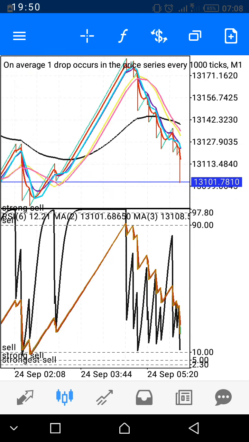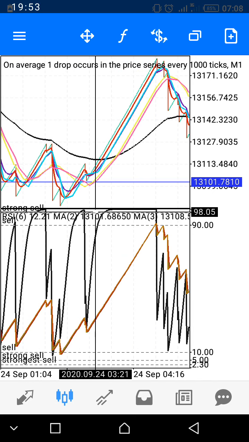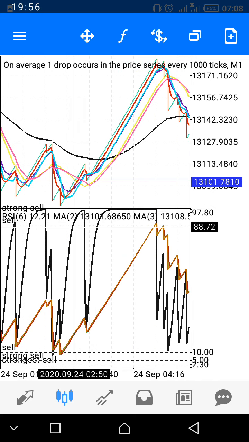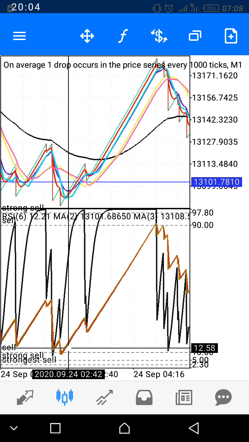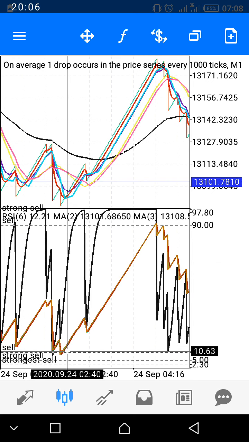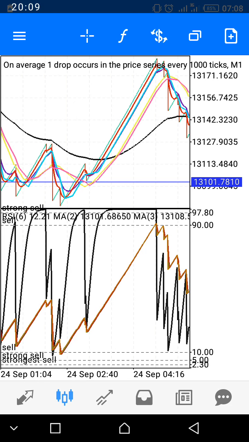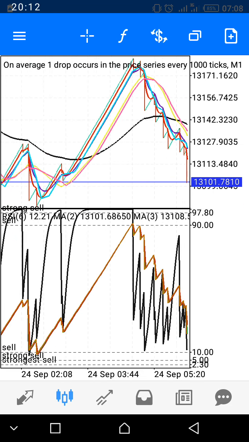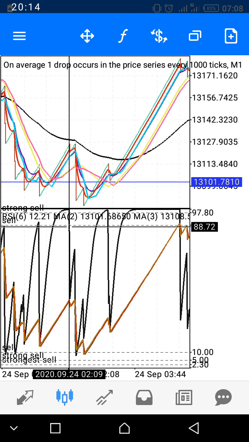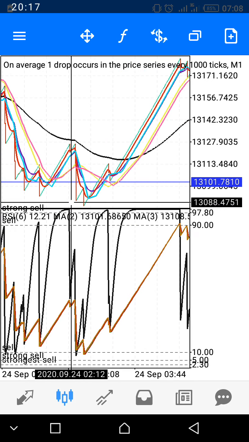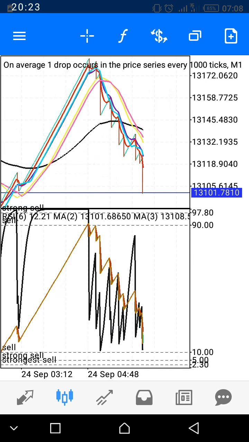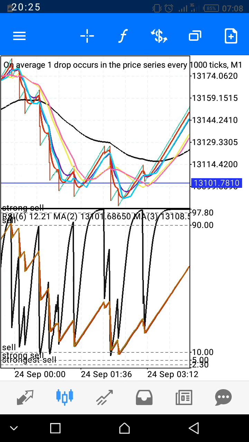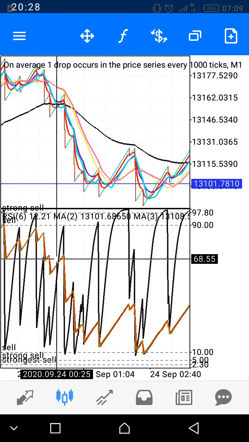So look at this. Observe something. Look at these levels. Once these 3 moving averages 1, 2, 3 reach the level 10, you see, it always reverses. And look, once the period 6 of the RSI gets to, remember this is crash, when it gets to 90, you see, there will be a spike.